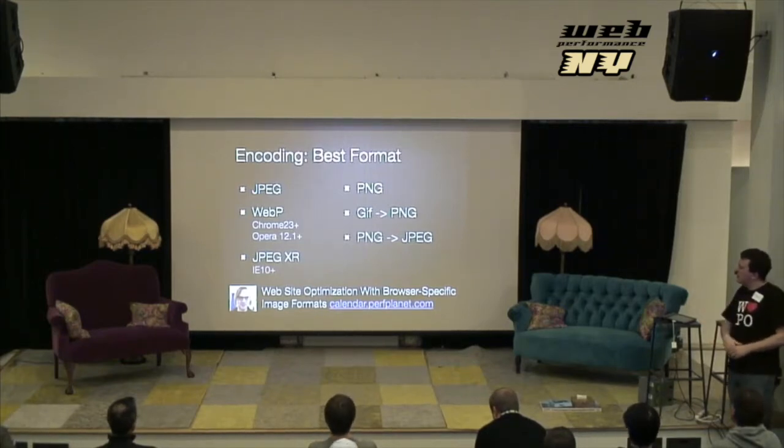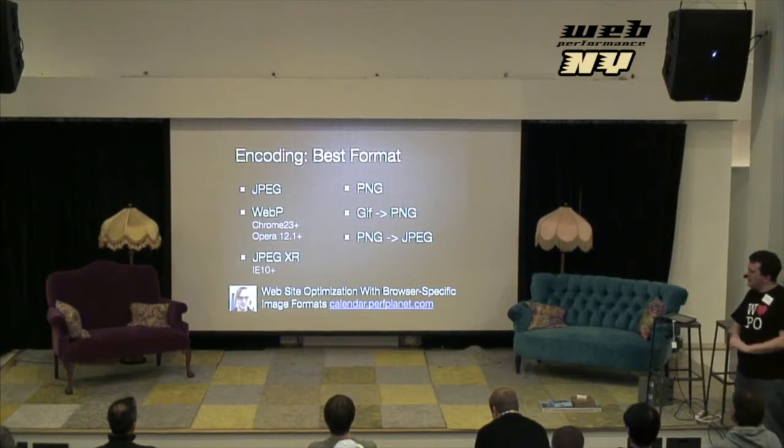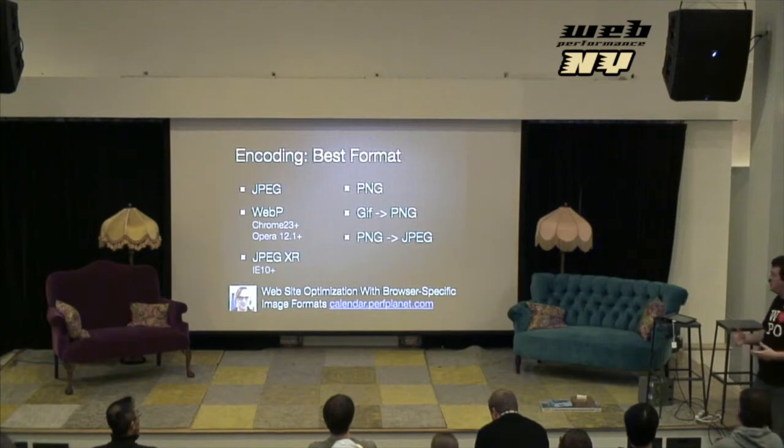Let's talk a little bit about two other formats called WebP and JPEG XR. WebP is probably more popular because Google advertised it quite effectively. It's a new format that Google proposed as an alternative to JPEG. It actually has some benefits over PNG and GIFs.